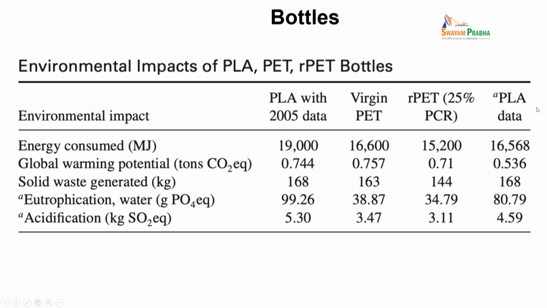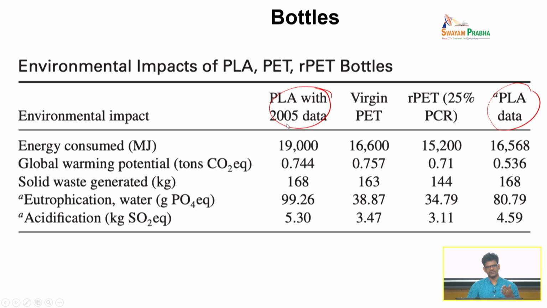Here is the summary. What we are looking at here are PLA bottles. There is also another PLA bottle here. The difference between these two is that in the first column, the PLA inventory data correspond to a timeline of 2005.